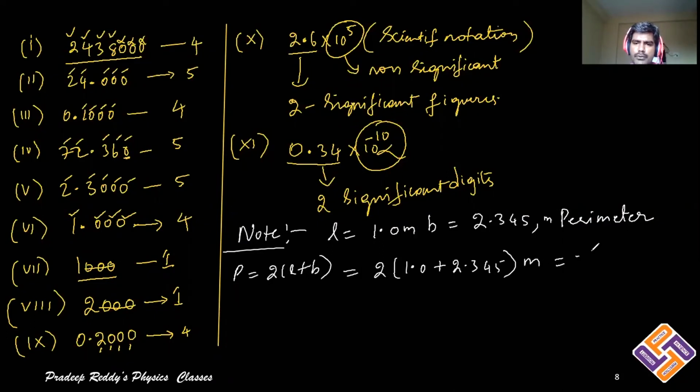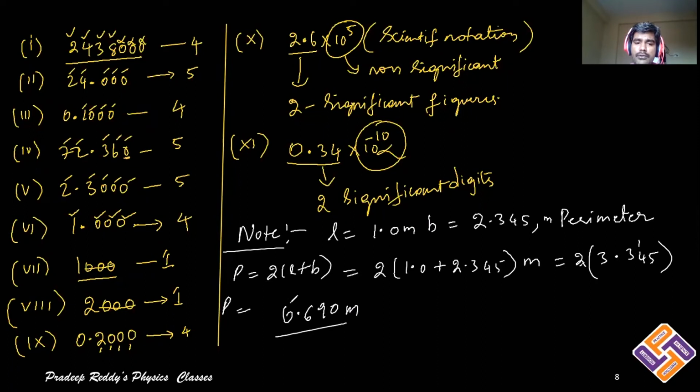This is 2 into 3.345, and for the final answer for perimeter you multiply this by 2: 2 fives are 10, 2 fours are 8 plus 1 is 9, 2 threes are 6, and 2 threes are 6, so 6.690 meter. This is the final answer which you are getting.